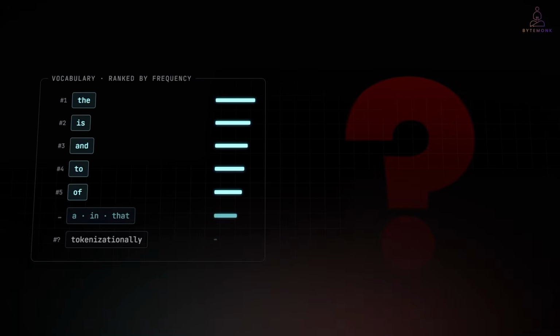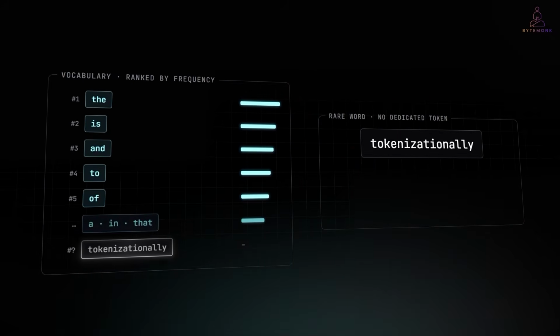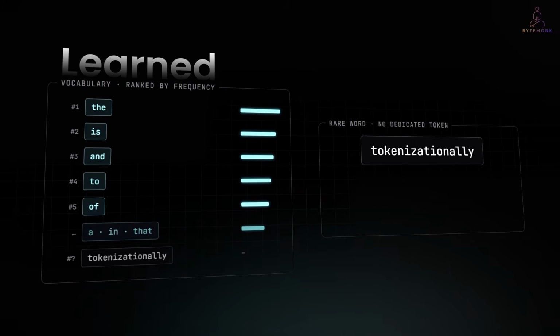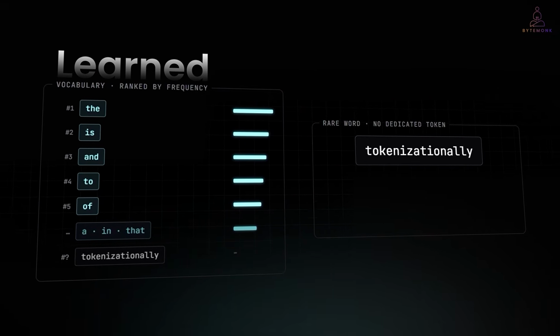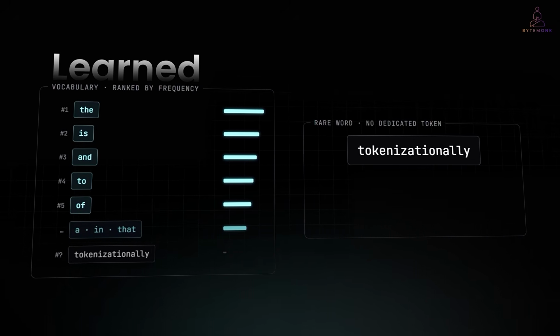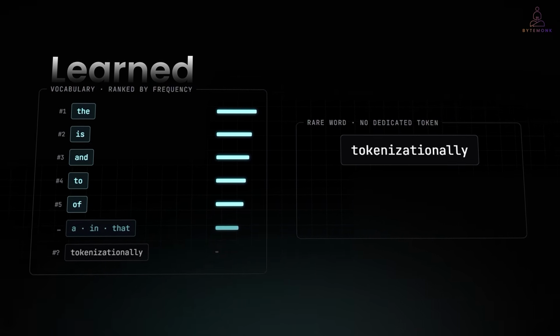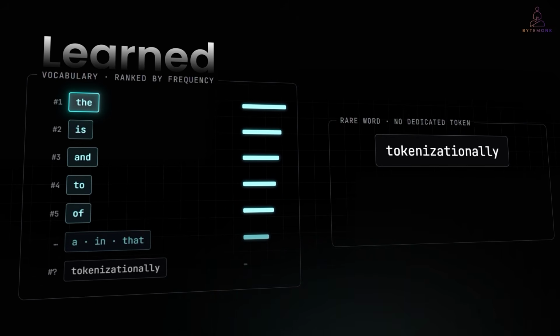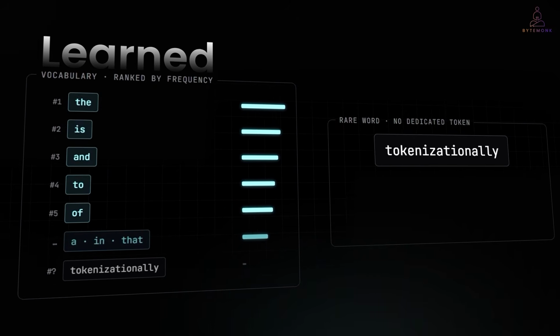Okay, so why does tokenization work this way? Why is there is 1 token, but tokenizationally is 5? The short answer is tokenizers are learned. Someone takes a huge pile of text and runs an algorithm that figures out which patterns show up most often. The common stuff, words like the, and is, and, those get their own token because they show up everywhere.